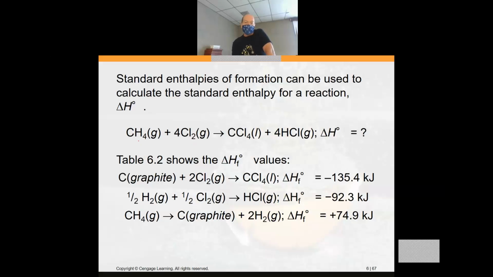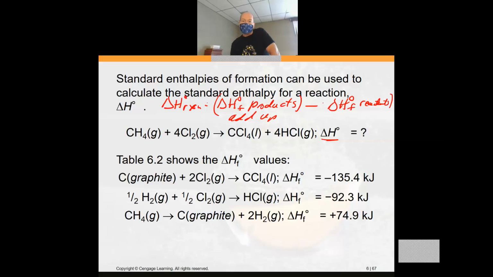All right, so here is our reaction, and we want the delta H for it. So the way that we're going to find the delta H for a reaction, you take the delta H naught formation for the products, you add them all up, subtract the delta H naught formation reactants, add them up.